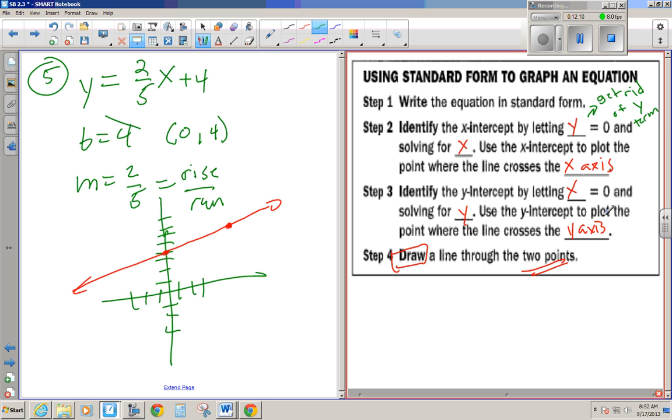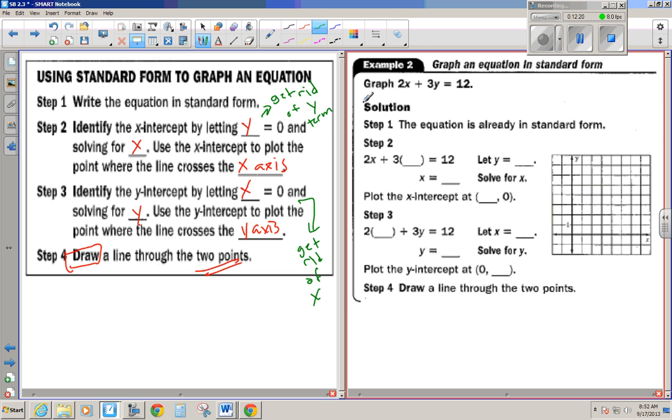I'll add the extra note here as well. You basically get rid of x. So, take a look here. This equation is already in standard form. If you put a 0, first off it says let y equals 0, put a 0 in there.